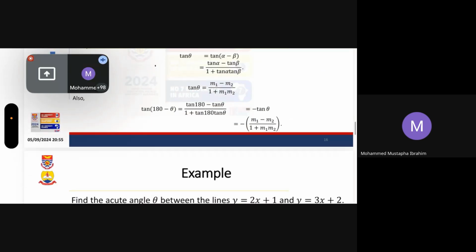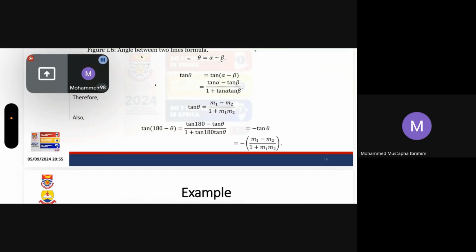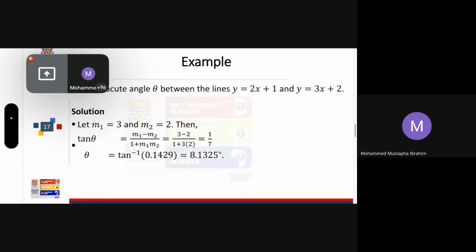Madam, please, considering the value of tan inverse of 0.1429, and you were getting 8.1325, I want to ask whether you will be told specifically to round it to a certain number of places, or we should write it fully as has been written there. Oh, this one is not important. You can just write 8.1.